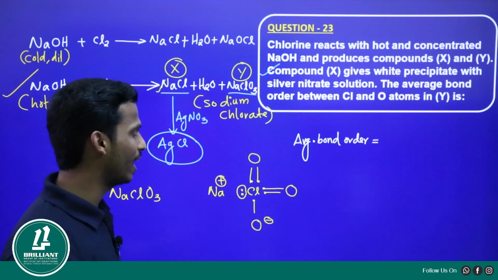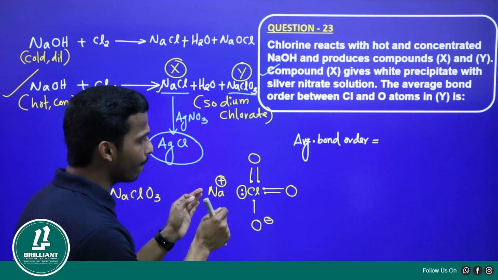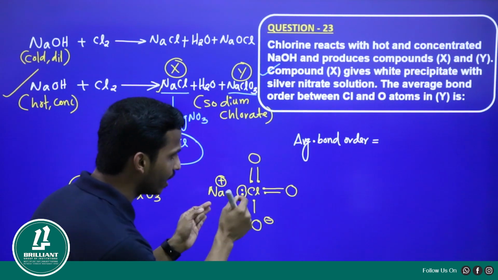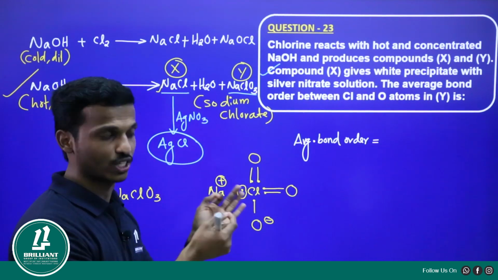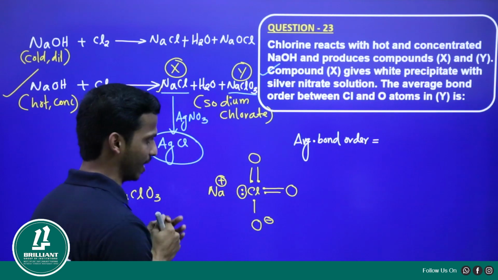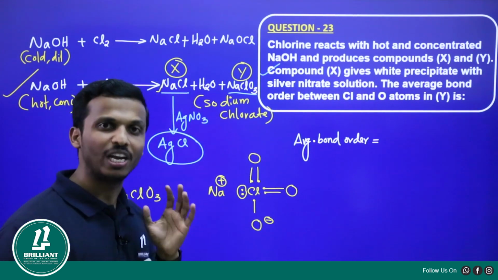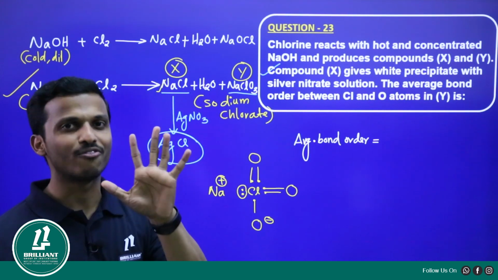Very simple to calculate. Average bond order is calculated by the total number of bonds involved in resonance. Total there are 5 bonds between chlorine and each oxygen. So all these bonds can be involved in resonance. So the total number of bonds involved in resonance is 5.